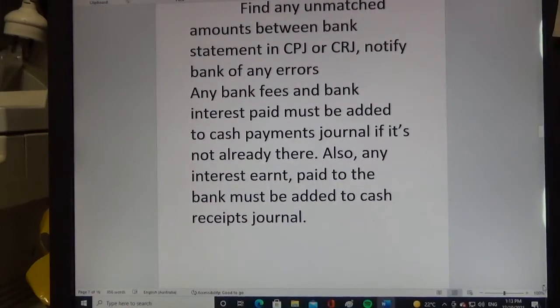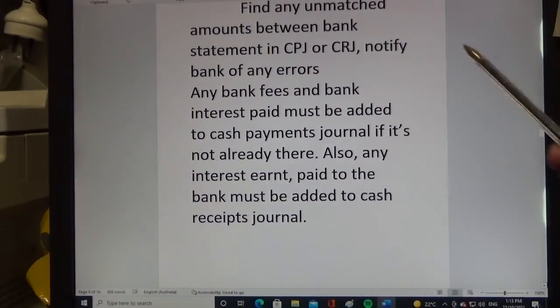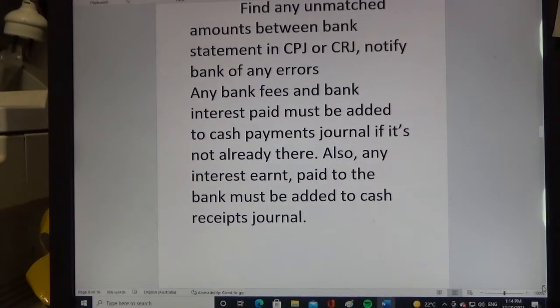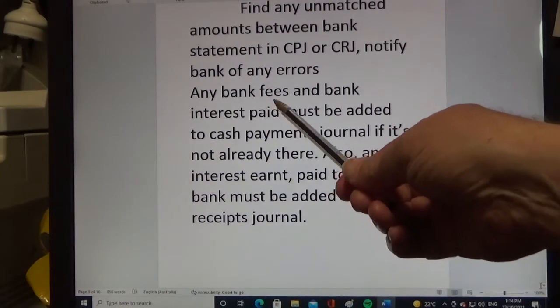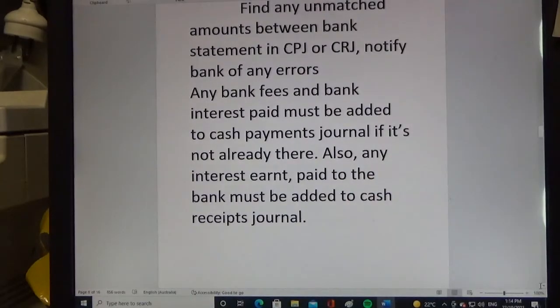And notify the bank if you think there's any errors to get clarification. So any bank fees and bank interest paid must be put in either the cash payments journal or the cash receipts journal. Fees would go in the cash payments journal. Bank interest paid would go in the cash receipts journal.